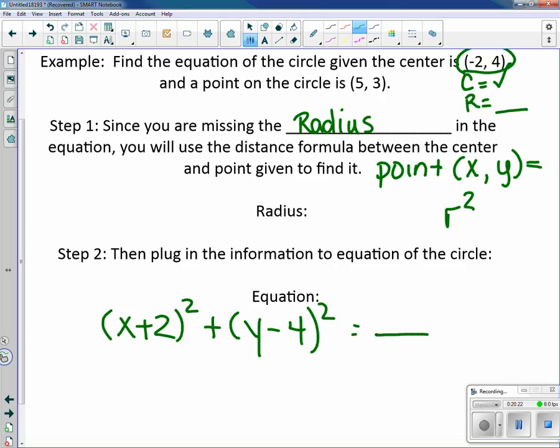Now, when they give you a point on the circle, those are all the points that work in my equation. Is everybody with me? So instead of me using the distance formula to find it, I'm going to find r squared. I'm going to find out what goes here by taking this point and plugging it in for x and y into my equation.